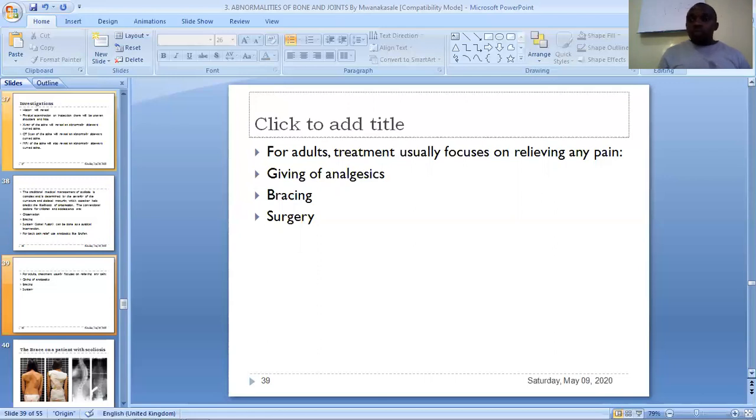If these two don't work in adults, you can as well look at the surgery, which is the same spinal fusion, of which one can use either the anterior approach in surgery or the posterior approach.